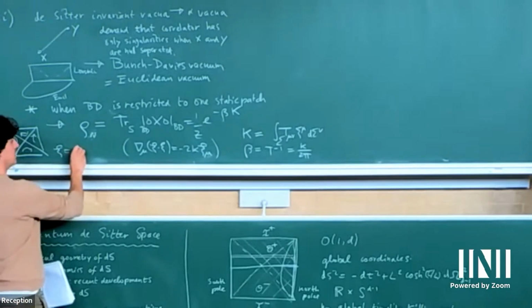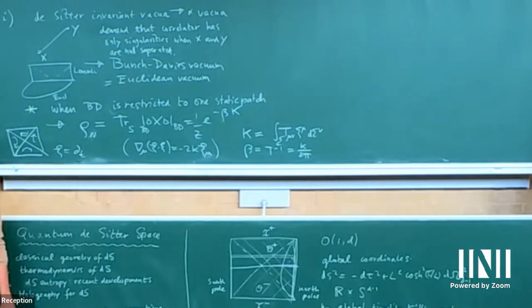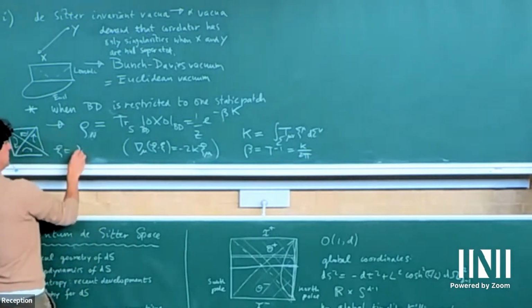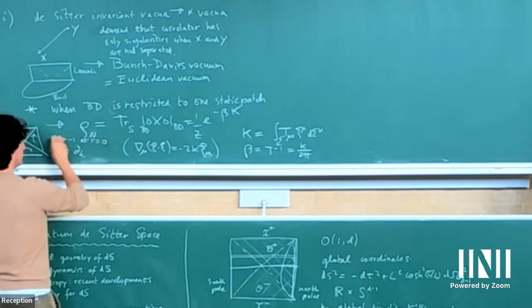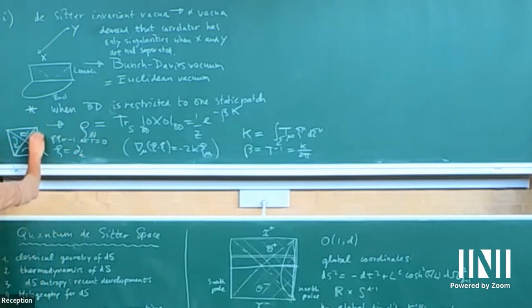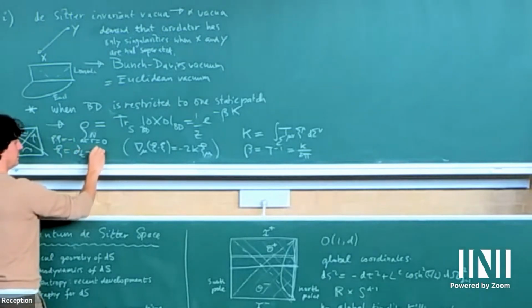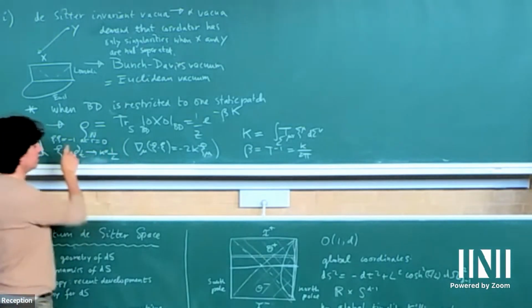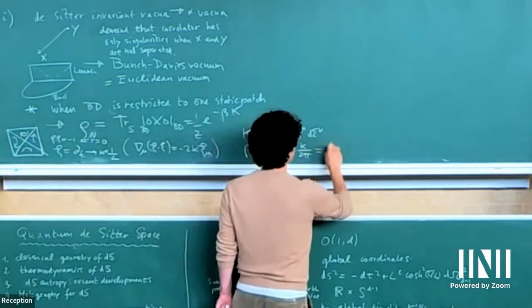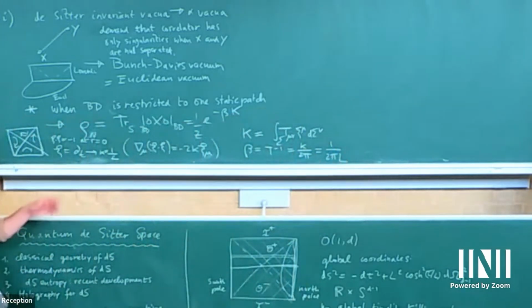So actually, the normalization of psi is arbitrary. If you take psi as d/dt, then the norm of psi is -1 at the center here, and that means that kappa is 1 over L. So with this choice of Killing vector, you get 1 over 2 pi L, where L is the curvature radius of de Sitter space.